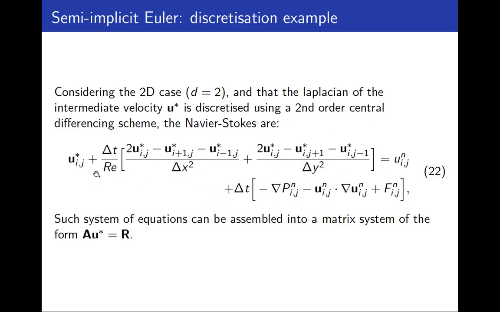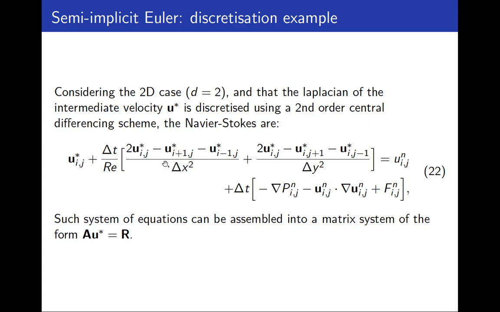In order to evaluate these Laplacian terms, we need to use the second-order central difference scheme, and to evaluate the second derivatives of the velocity u star, we need to use 3 points. The first one is the velocity value at a specific location.